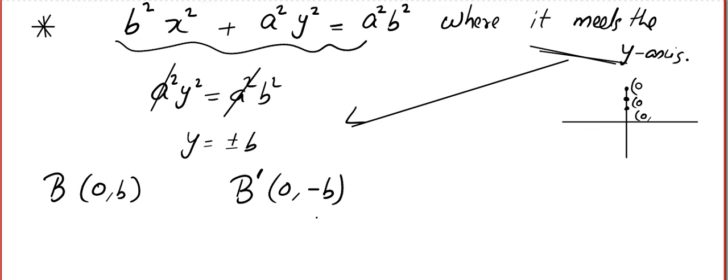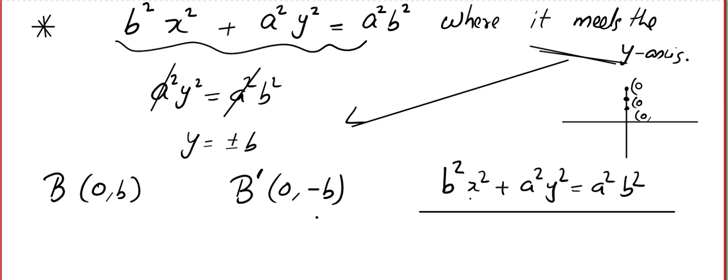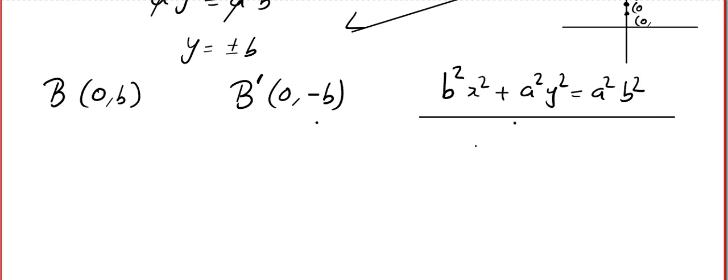Okay, so let's go for the derivative stuff. So b square into x square plus a square into y square equal to a square b square. This is an ellipse actually. So let's differentiate. They have given the equation in implicit form. So b square into 2x plus a square into 2y dy by dx is equal to 0.